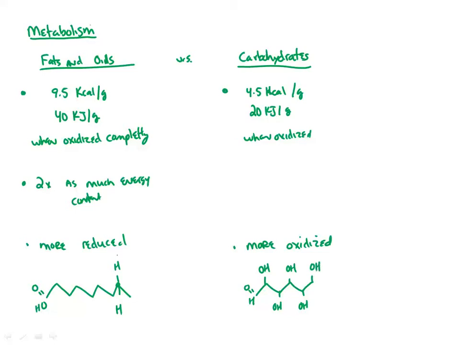So if we compare an atom of a fat or oil to the average atom of a carbohydrate, notice that the fat or oil has two bonds to hydrogen. The carbohydrate has one bond to oxygen and one bond to hydrogen.